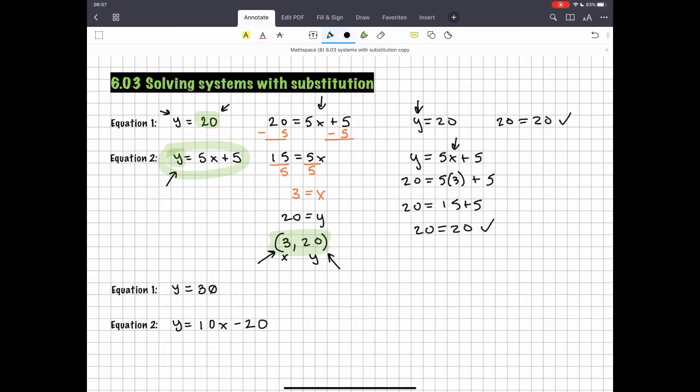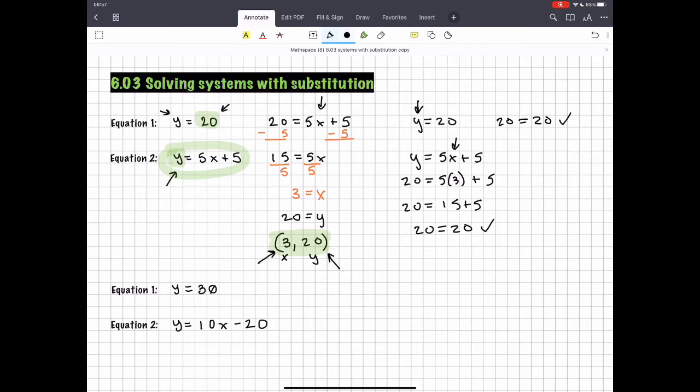True again. So the 3 and the 20 made both equation 1 and equation 2 true. That's how I can prove that I've got the right answer.